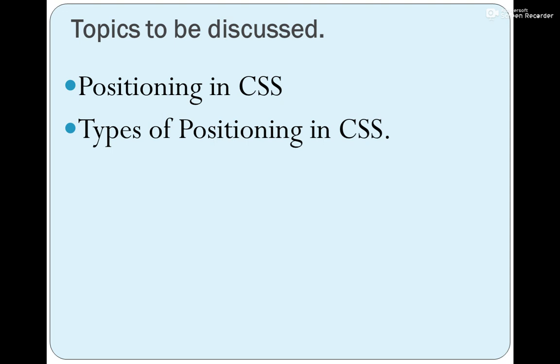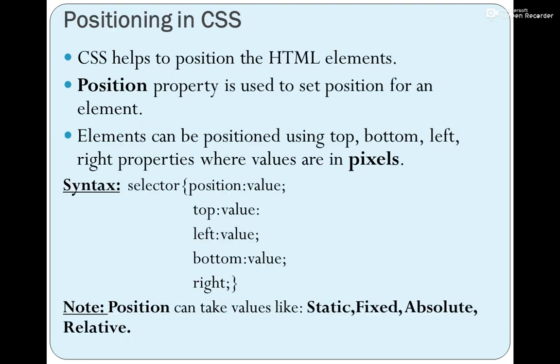Up till now we have not given any placement to the elements. They were placed automatically on the web page according to the flow of the program. But now we will study how to place the elements by using positioning in CSS. So let us start with positioning in CSS.